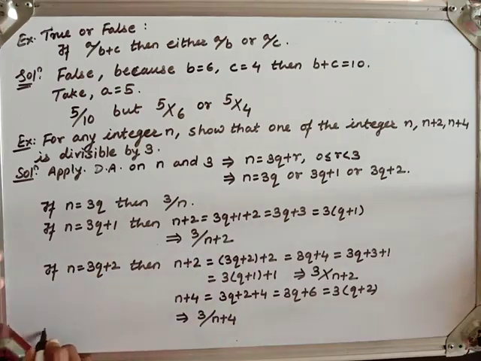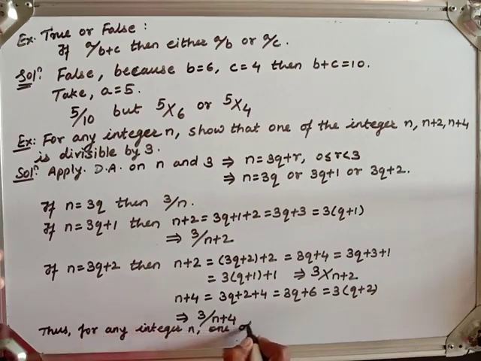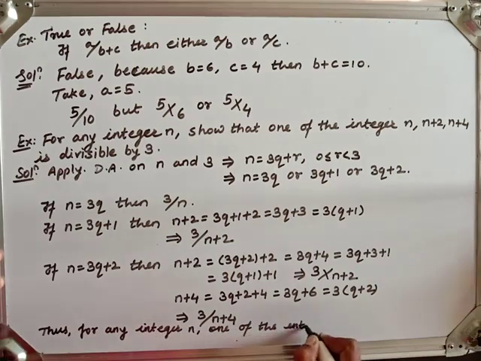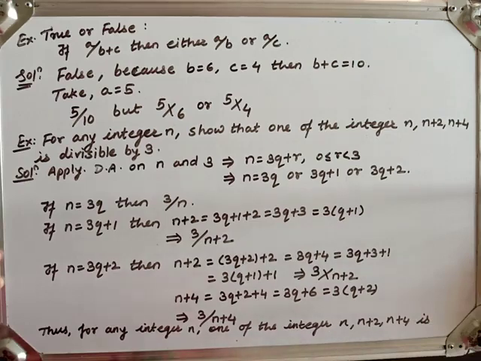Thus, for any integer n, one of the integers n, n plus 2, n plus 4 is divisible by 3.